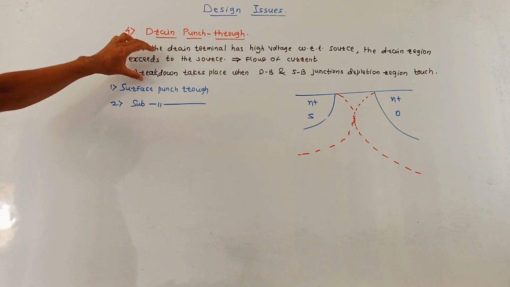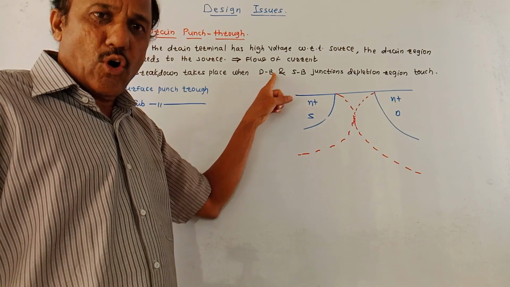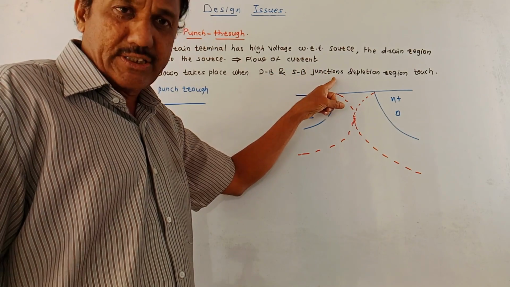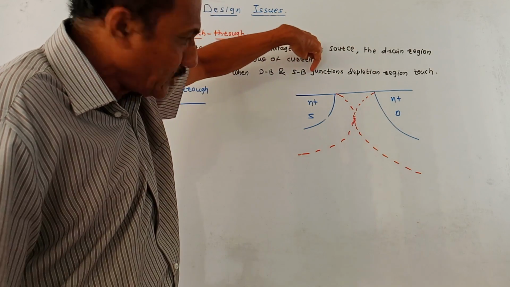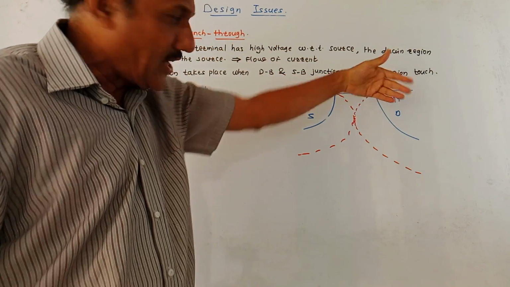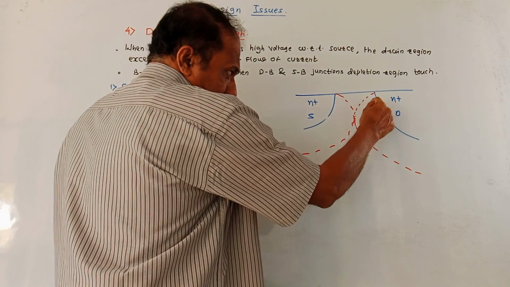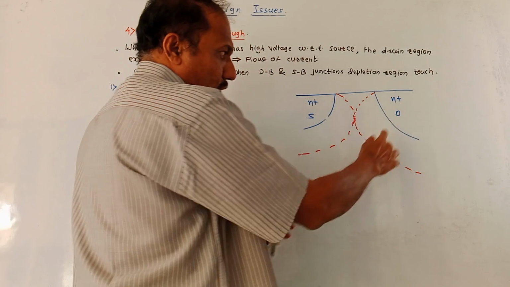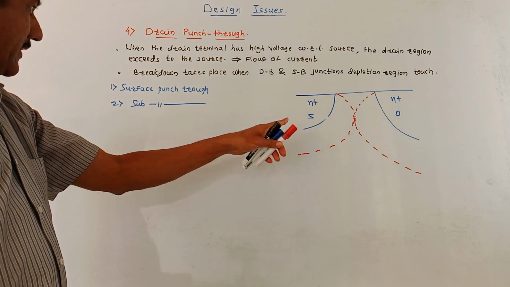This is the effect in which the breakdown takes place whenever the depletion regions related to drain body, DB, and source body, SB, junctions touch each other. As shown in this diagram, this is the depletion region related to source, this one is the depletion region related to drain. So they are touching each other, because of which the breakdown takes place.